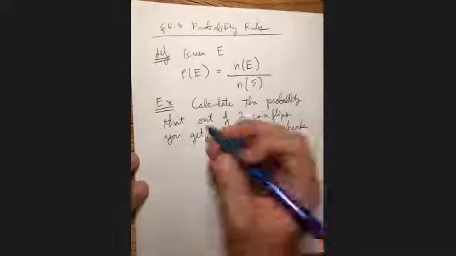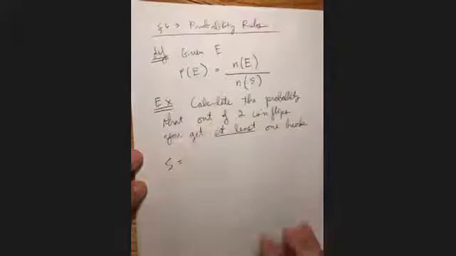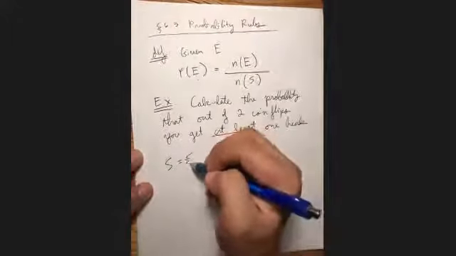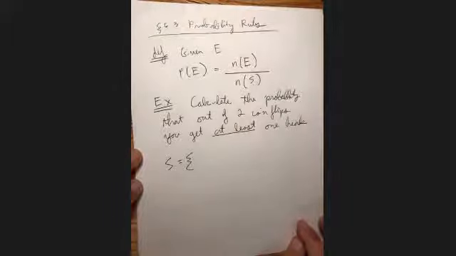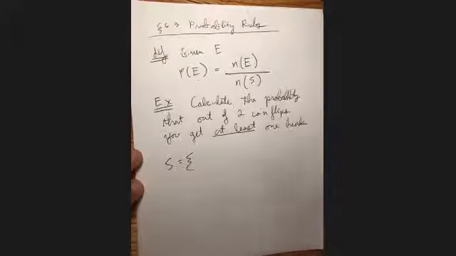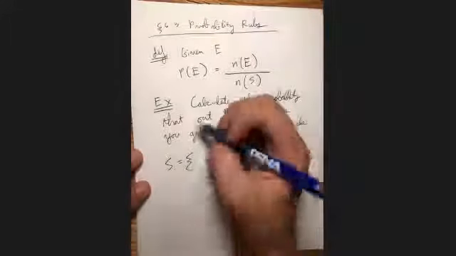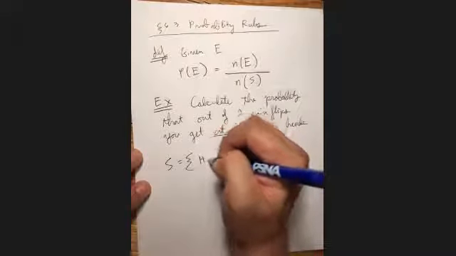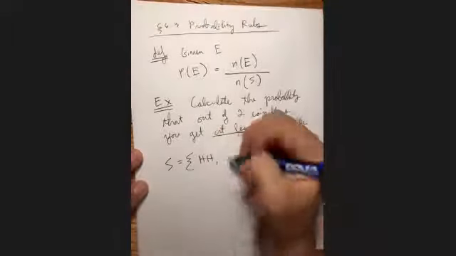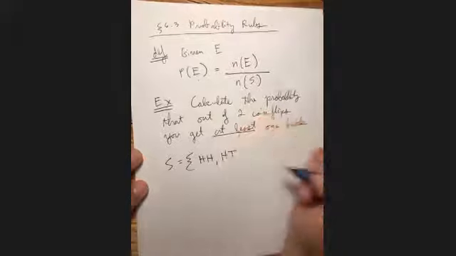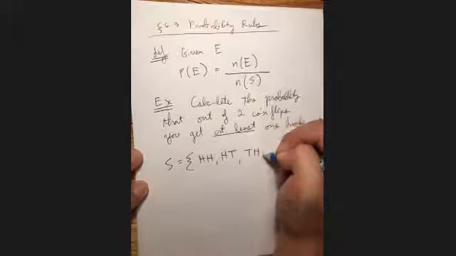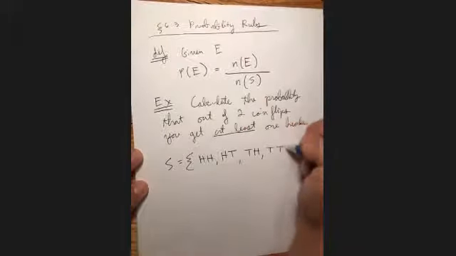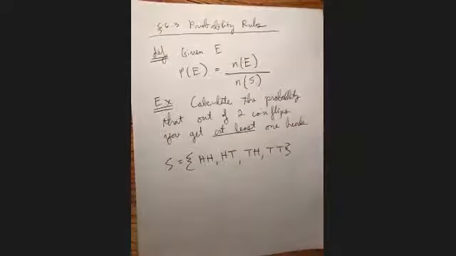So let's look at the sample space first. The sample space of this particular experiment consists of all the outcomes that we can have if we flip a coin twice. So that could either be heads, heads, heads, tails, tails, heads, or tails, tails. So these are all the possibilities.